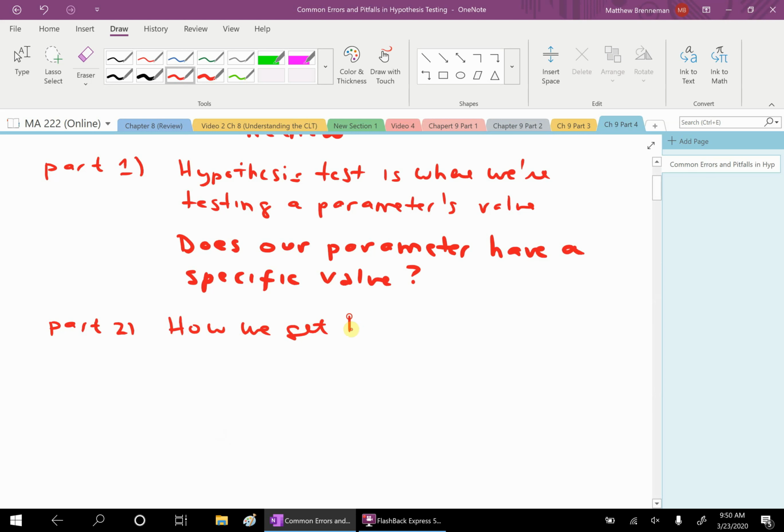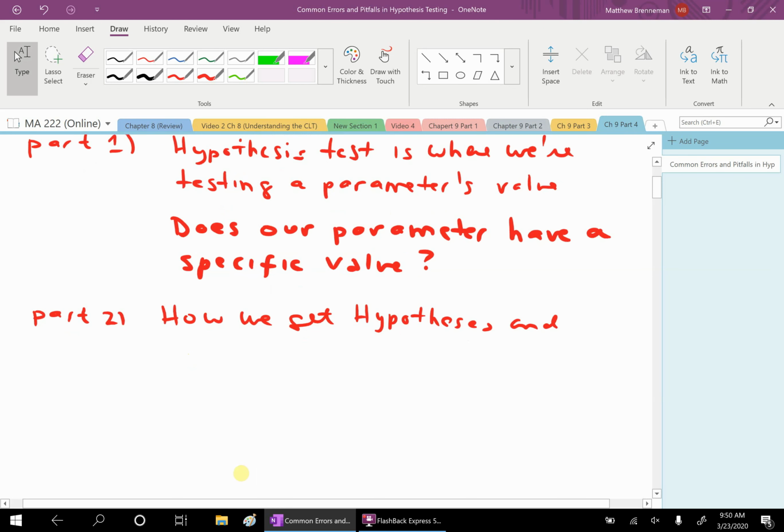So how do we get our hypotheses, and where do hypothesis tests arise? And these two things are actually related.